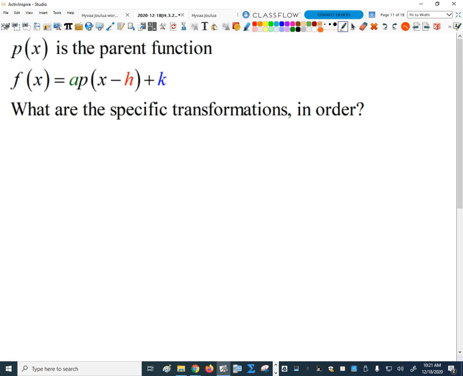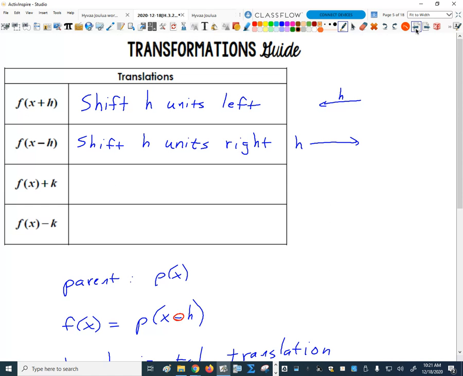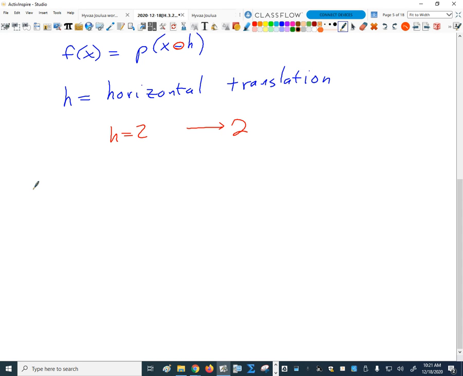But if I see something like, let's say my parent graph is a square root function, and f of x equals the square root of x minus 2, my question to you is, what value of h is that?